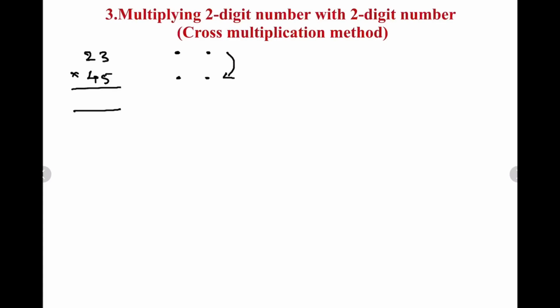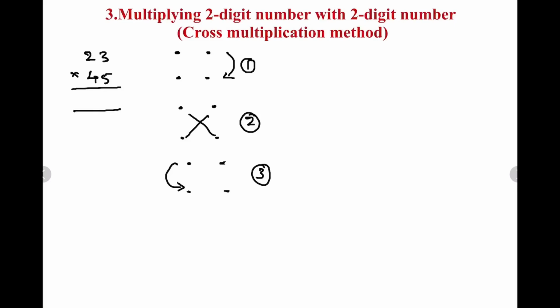So first multiply units digits, then the product of diagonal digits, then add those, then multiply tens digits. This is the third step.